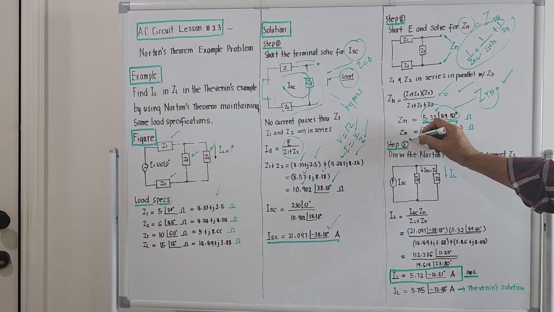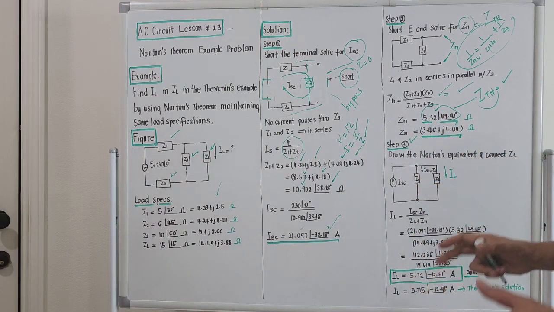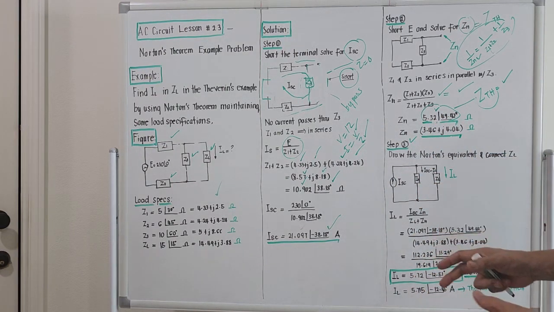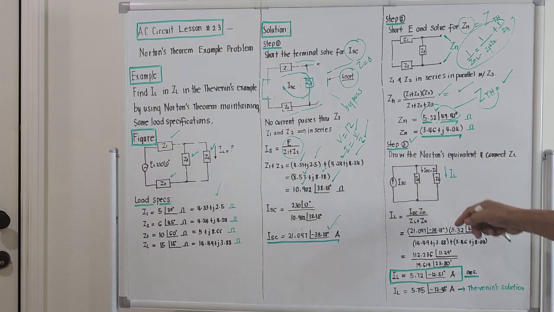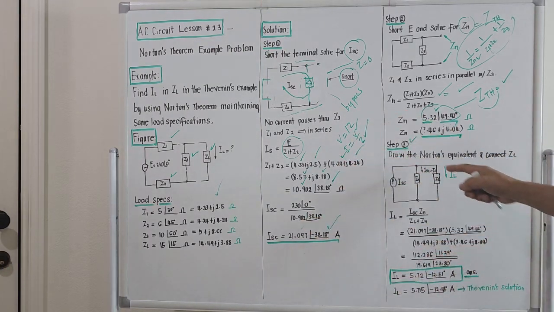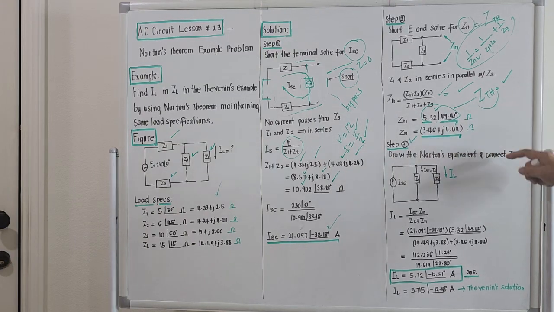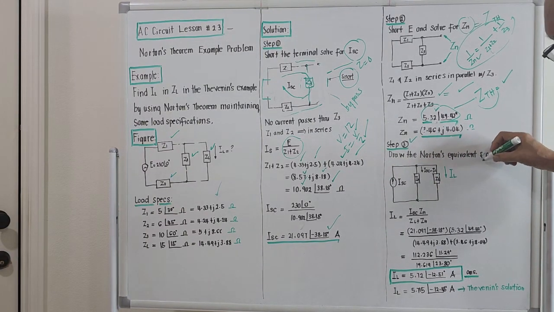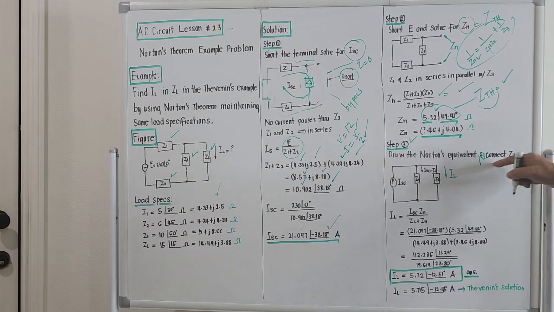And step number 3, we are now on the step on how to compute for the current passing through C sub L. So according to step number 3 under Norton's theorem, draw the Norton's equivalent and reconnect ZL.